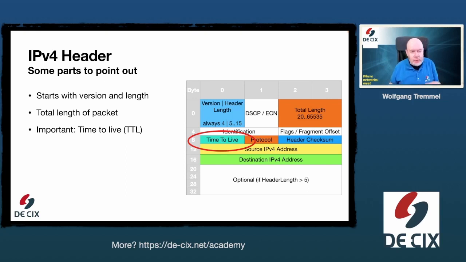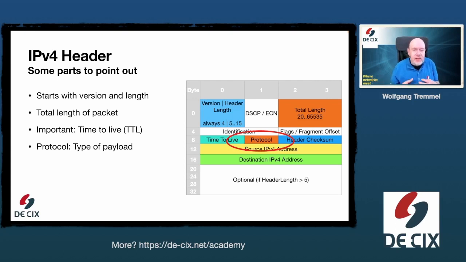And once this counter hits 0, the IP packet is discarded. This prevents IP packets from circling forever in the internet, kind of. Then we have a protocol field, and this is similar to the type field in the Ethernet header.